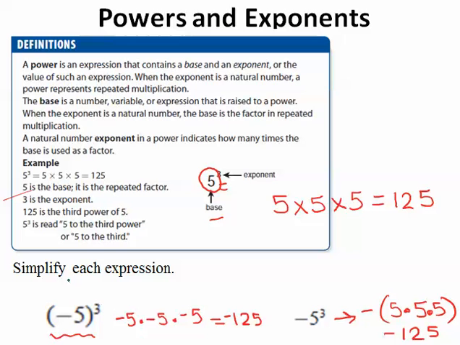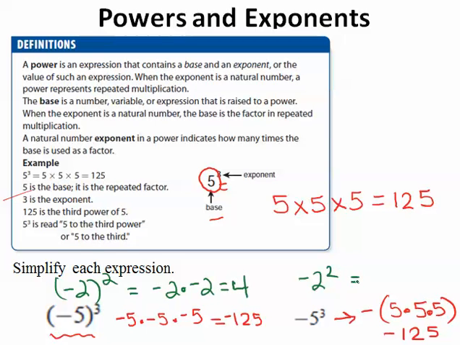What if I said -2 cubed? No, I lied. I'm teasing you. I meant, what if I did -2 squared, or -2, then the square. Okay? Well, this says -2 times -2, which is +4.